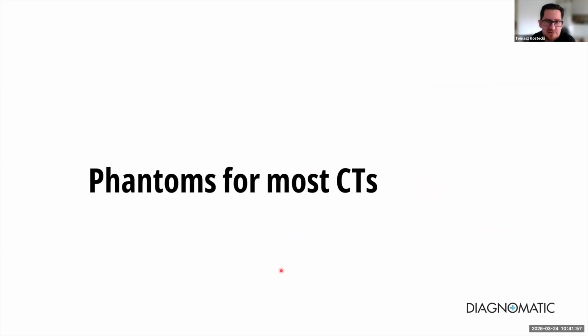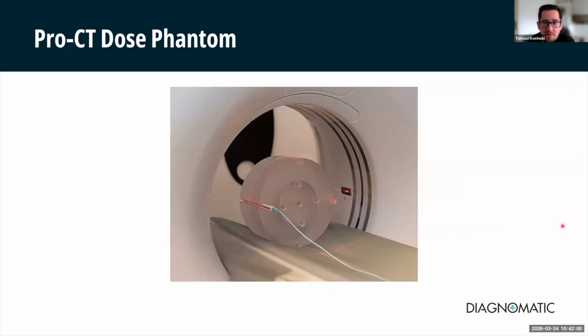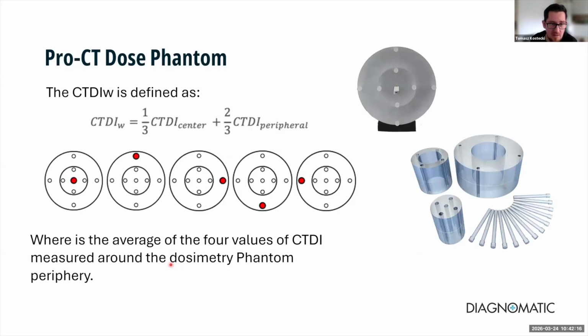Phantoms for most CTs. This is the simplest phantom for a CT scanner. The purpose of this phantom is to simulate the patient's body and to calculate the dose that the patient receives. To use this phantom, select the appropriate phantom size. You can choose from the 32 diameter phantom or the 16 diameter phantom on the inside.